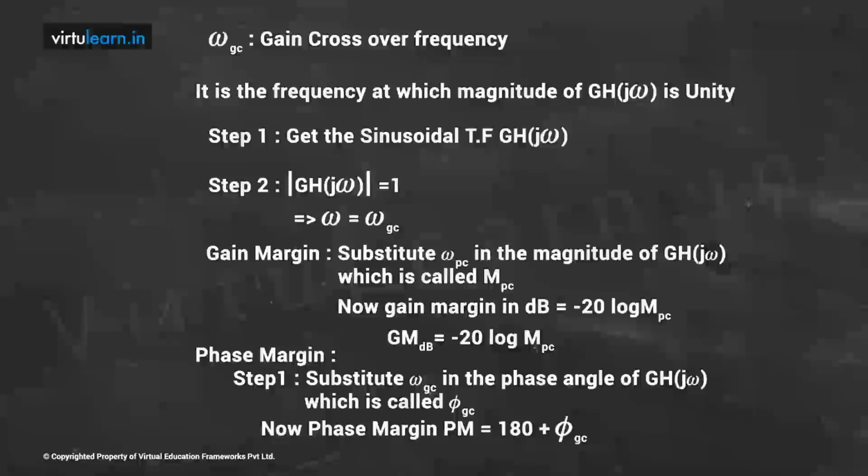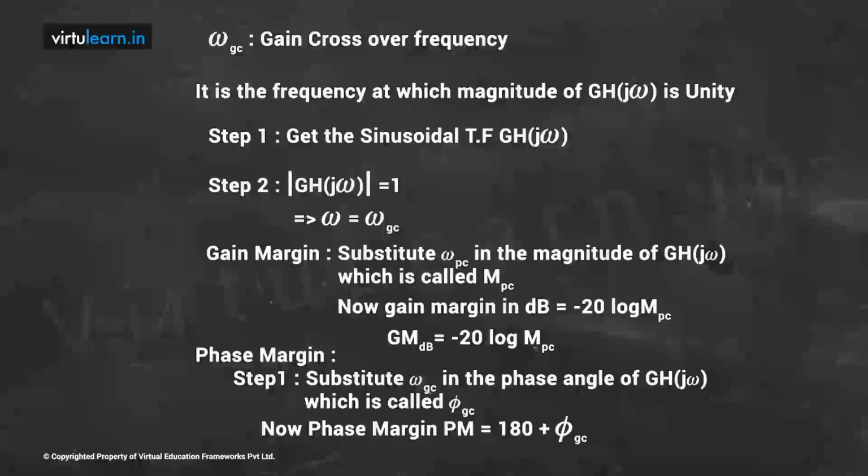M stands for magnitude, PC means phase crossover frequency. Once you have the MPC value, the gain margin in dB has the formula minus 20 log MPC. Therefore there are 3 steps here: find omega PC, find MPC, and third, gain margin in dB is equal to minus 20 log MPC. This way we can find the gain margin in dB.